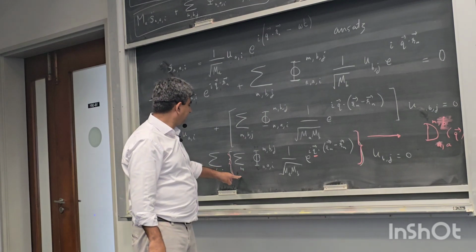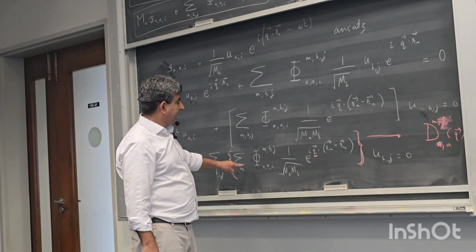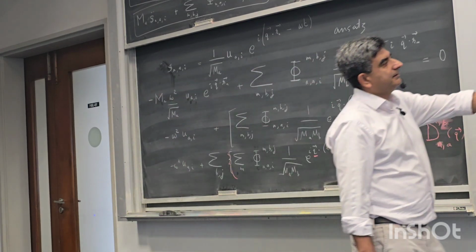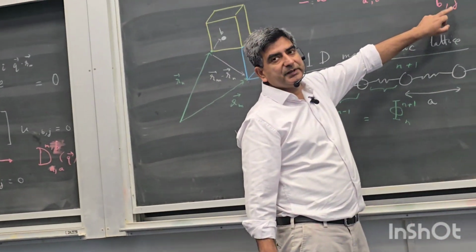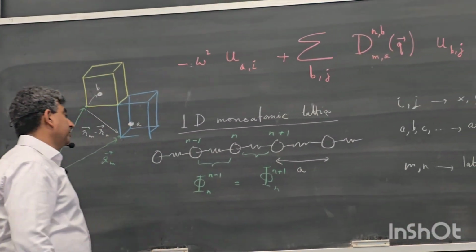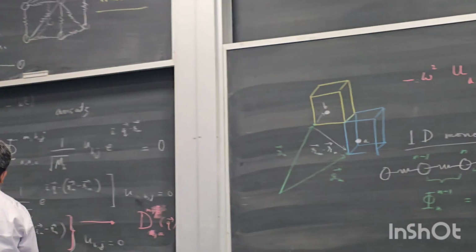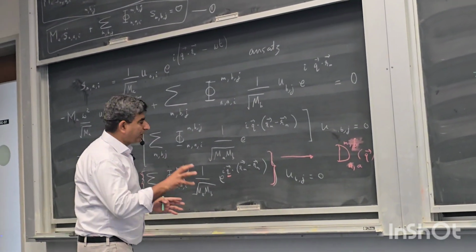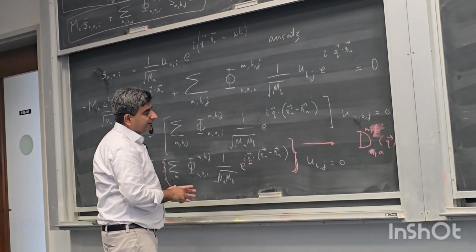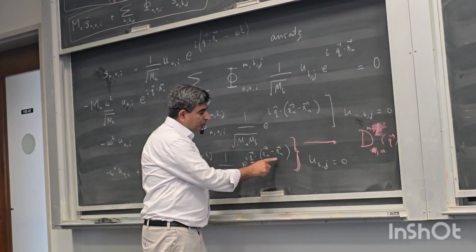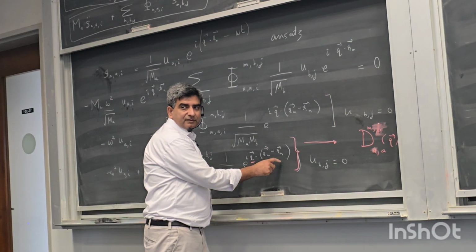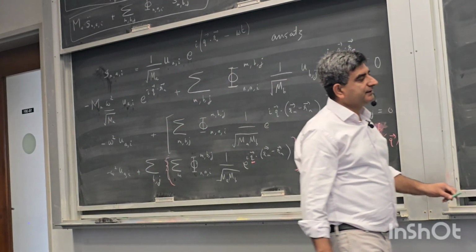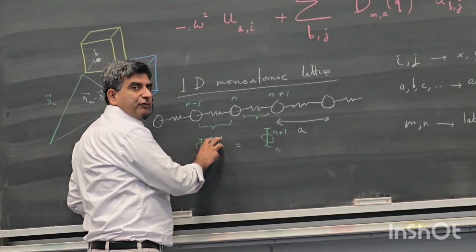So you need the different values of M's, and then in this equation you need to sum over all B's and J's as well. So you take the interactions between one atom and all the other atoms and then multiply it with the appropriate phase factor. Okay. So now if you look at this example here, we need to know what is the value of phi.